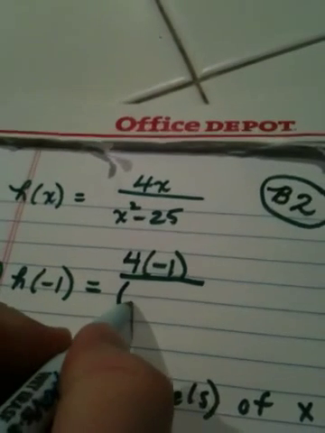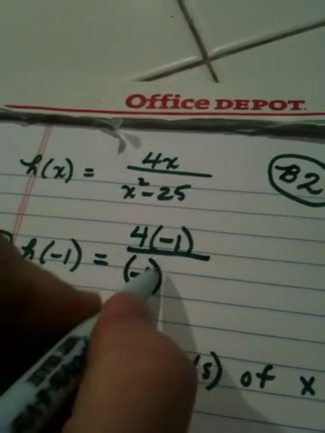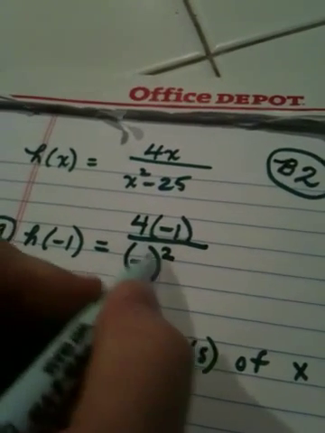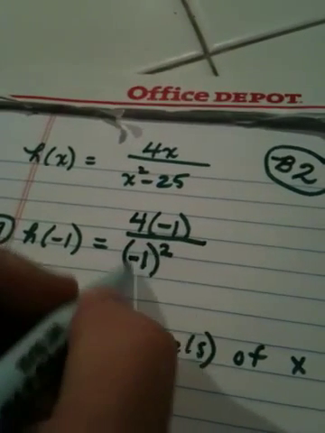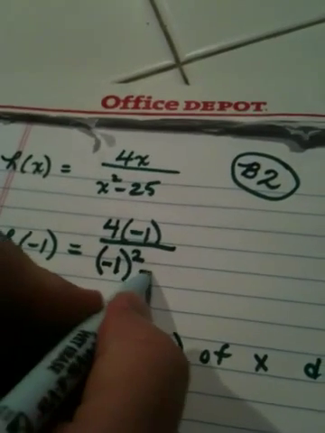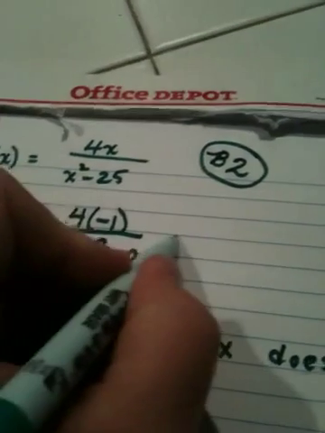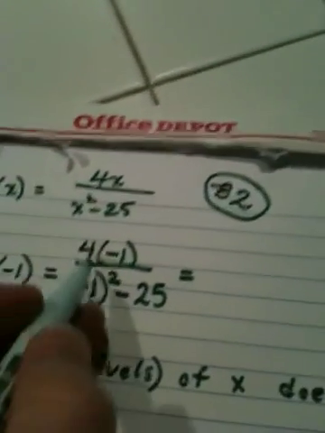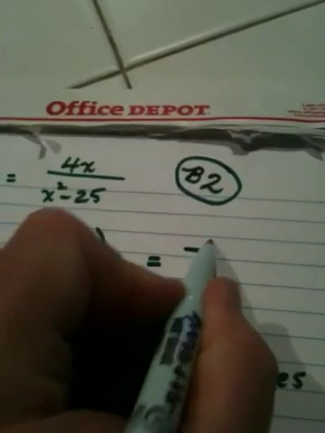Children. Okay? And then on the bottom we have negative 1 quantity squared. Always do that. Make sure you realize it's the entire thing, in this case squared, minus 25. And in the numerator we end up with 4 times negative 1 is negative 4.